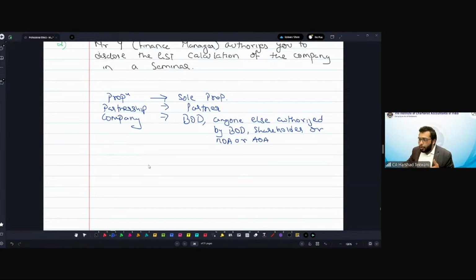If MOA or AOA of the company authorize someone, shareholders in general body meeting has authorized someone, or board of directors has authorized someone, in that case, that person or board of directors can provide the consent.